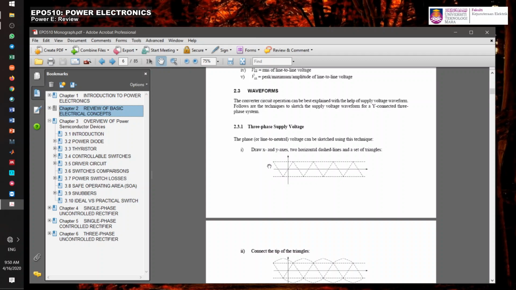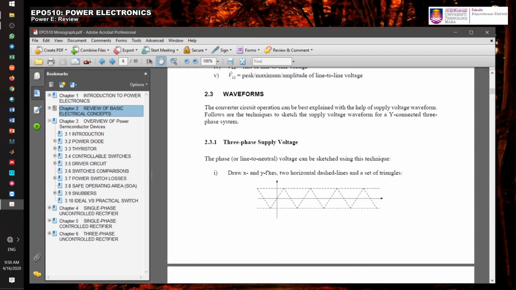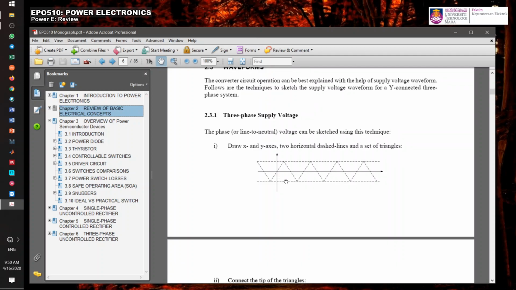And also I add the waveform, how to sketch the waveform, because when we deal with the three-phase rectifier later on, we need to sketch the waveform, right? So there is a technique for you to draw it correctly. So I put on here the techniques, the steps for you to get the proper sine wave for the three-phase system.